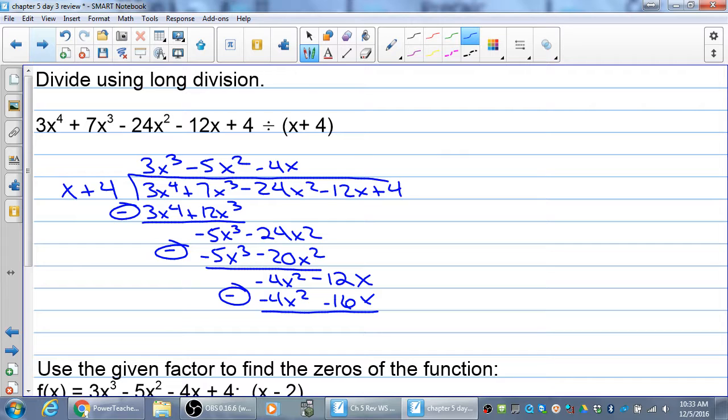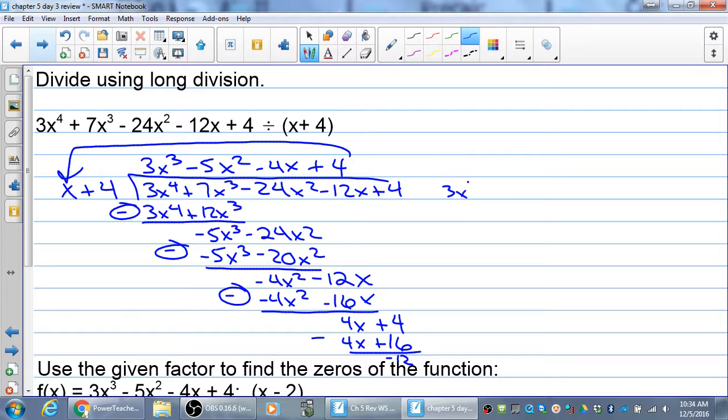We subtract again. Negative 12 minus negative 16 is 4. Plus 4, so we finally end with 4. All we care about is the first one. Just match up the first one. Whatever happens after that, we deal with it. 4x plus 16, we subtract. I get negative 12. So we have 3x to the third. This is kind of a long one.